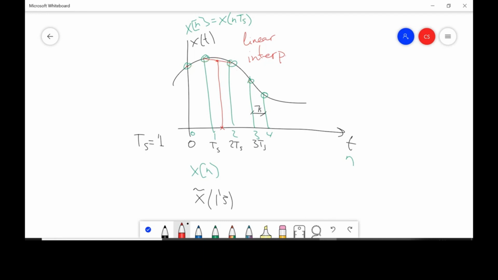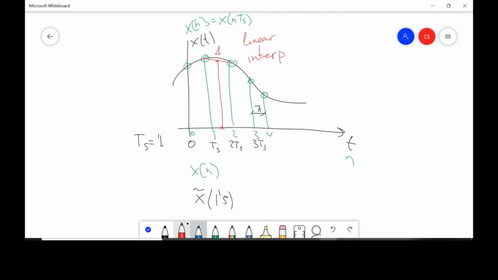Let's try to be more clear. So I'm using the 4 points. If I'm using 2 points, what is the degree of the polynomial? This is a line. A line is a polynomial of degree 1.